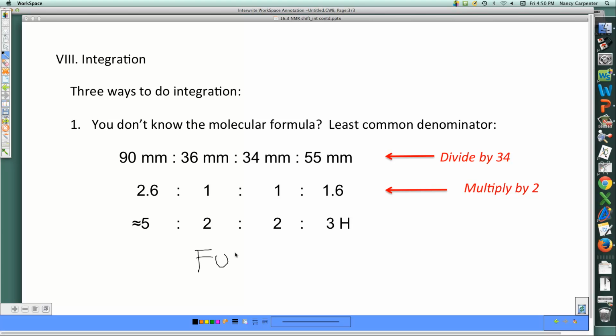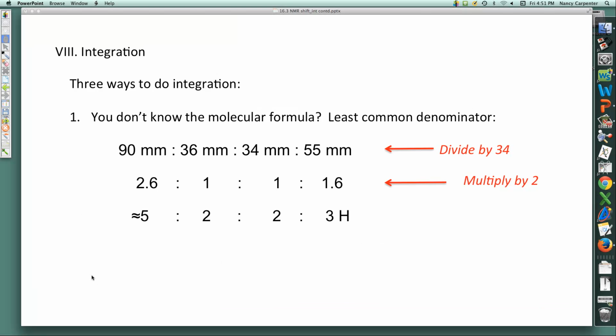Big time fudge factor with integrals. Beware: integrals are kind of sloppy, so I'd give yourself a good 5% error on your integral calculations. This is not necessarily going to be exactly 5.0. All right, so that's one way to do it.